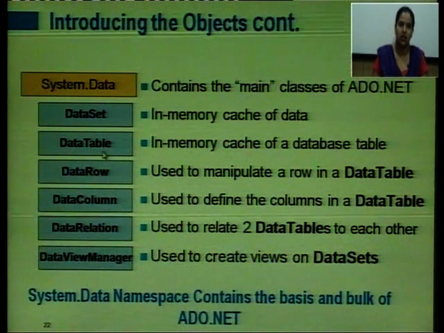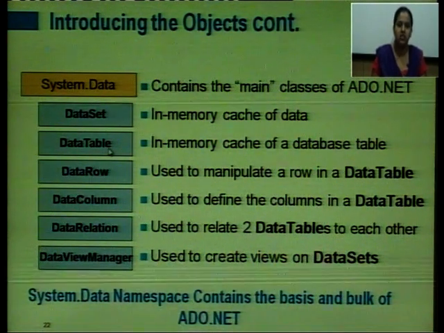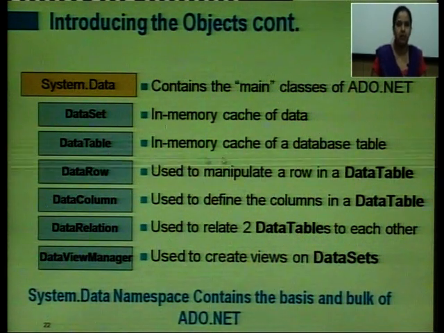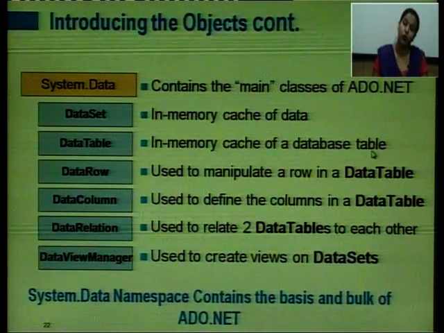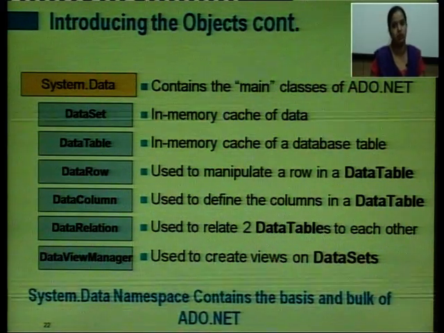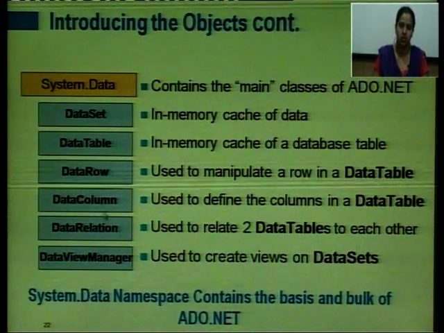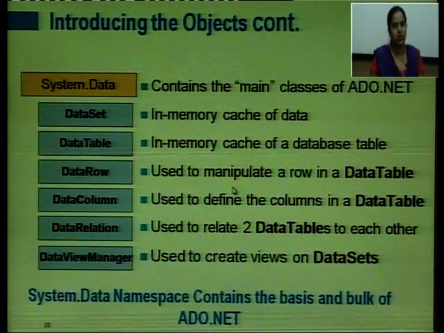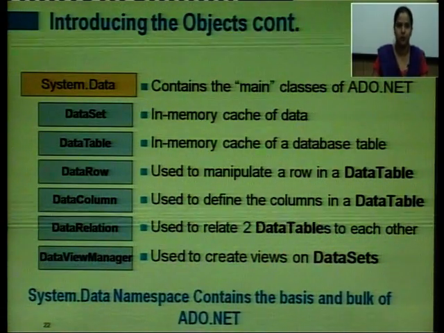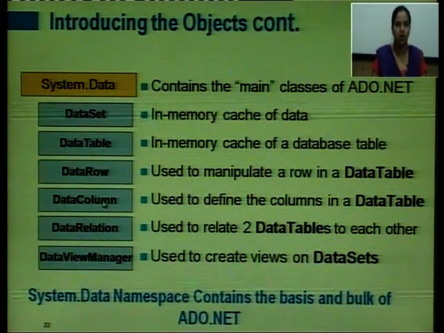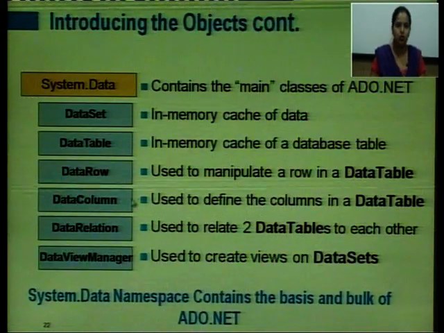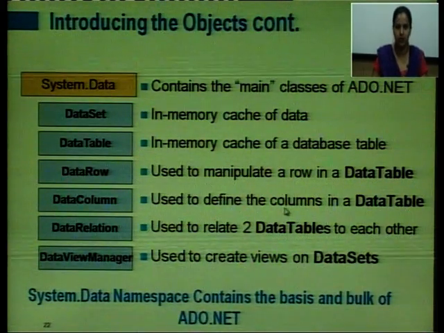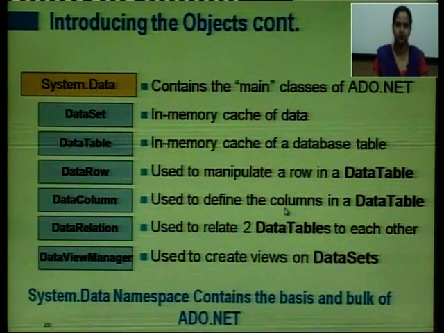Then comes the DataTable, the in-memory cache of a table, meaning the frequently used tables which are used by ADO.NET. Then there is the DataRow, which is used to manipulate a row in the data table, meaning one record. Then comes the DataColumn.